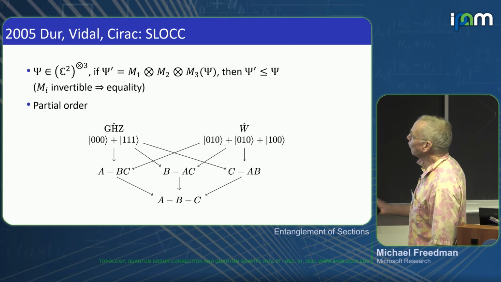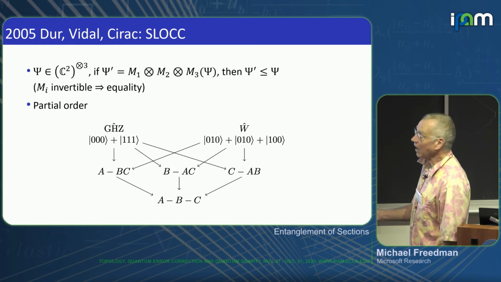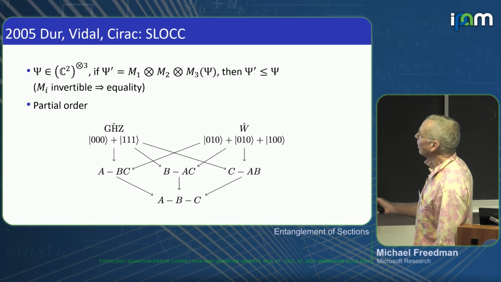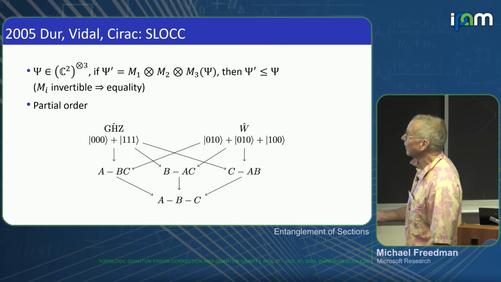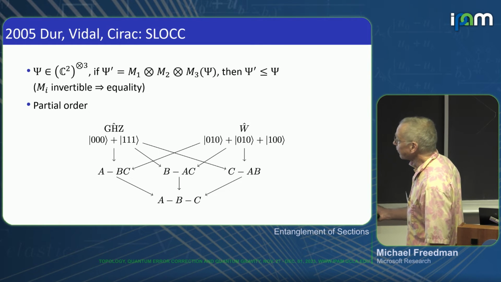You say that this prime state is equivalent to this unprime state if there are three invertible 2 by 2 matrices, so that when acting on the tensor factors, it turns this vector into this vector. And you say that they're not equal, but there's an inequality in this partial order, if you just drop the invertibility requirement. So one of these matrices might be singular.